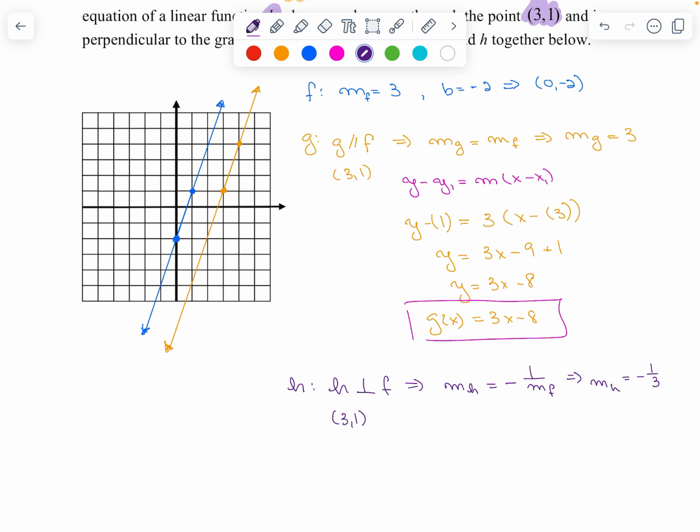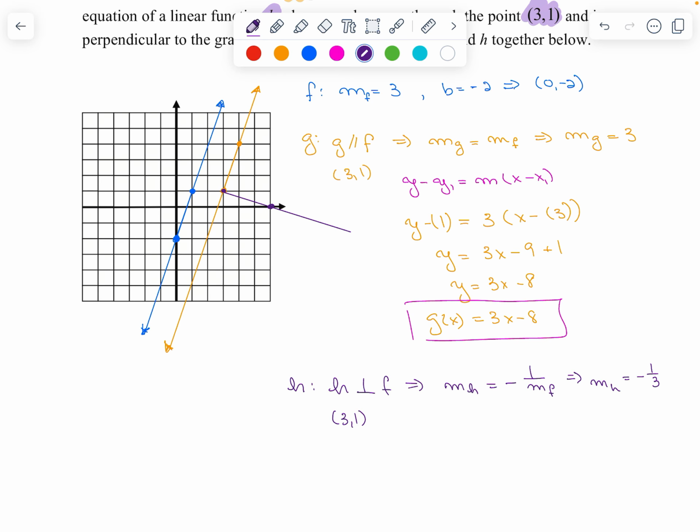So to plot this, I can use the point that's given, (3, 1), and then we're going to use the rise over run. So -1, that means I go down 1 unit, and I'm going to go across by 3, so that's going to leave me right there.